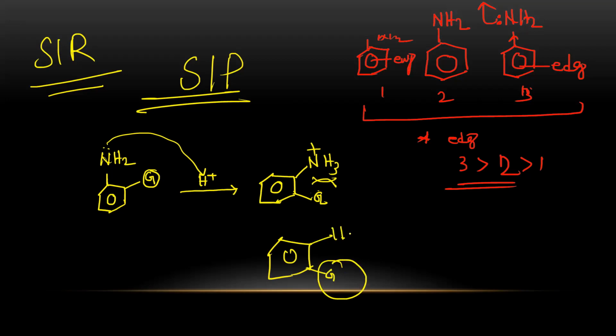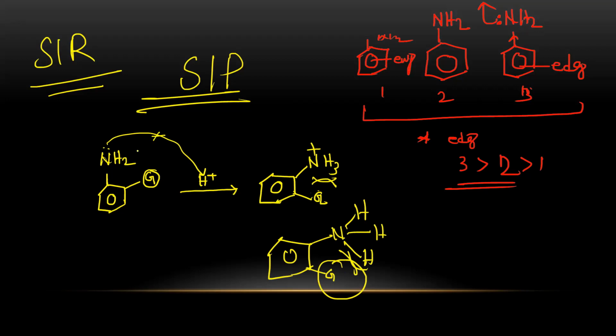Then if the protonation occurs at NH3, it will be very much unstable, because initially there were 2 hydrogen and now there is a third hydrogen. So there will be too much steric hindrance. So this G group will prohibit this molecule from getting protonated. So this protonation will be hampered.